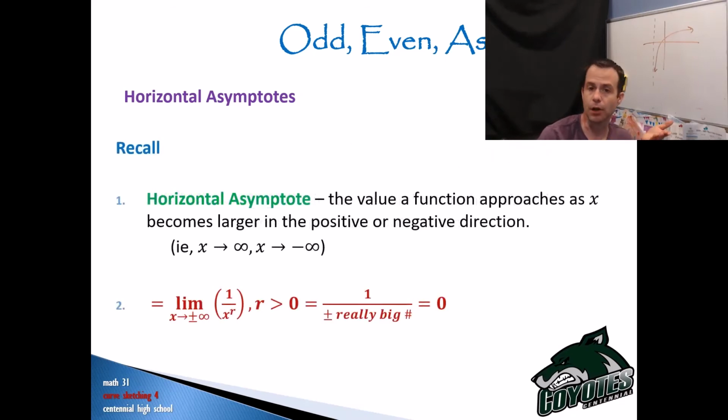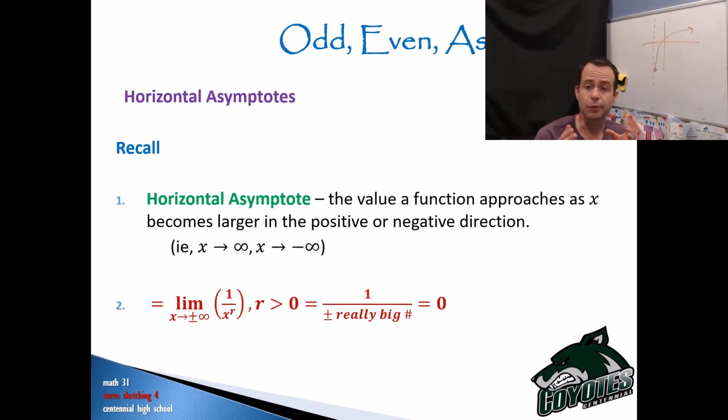Okay, so recall horizontal asymptotes: the value the function approaches as x becomes larger in the positive or negative direction. Another way of looking at that is we could say the limit as x approaches positive or negative infinity of 1 over x to the r, where r is greater than 0.